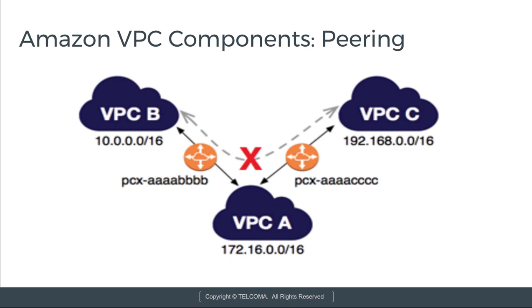VPC A has two peering connections, B and C. Therefore, VPC A can communicate directly with B and directly with C. But VPC A cannot be a transit point of traffic between B and C. If we require B and C to communicate with one another, we need to create another peering from B to C.